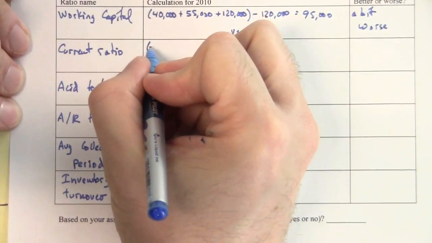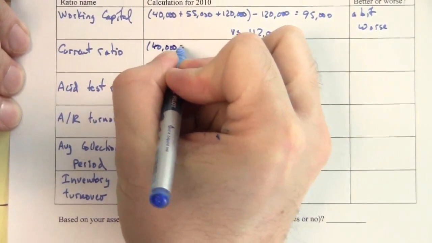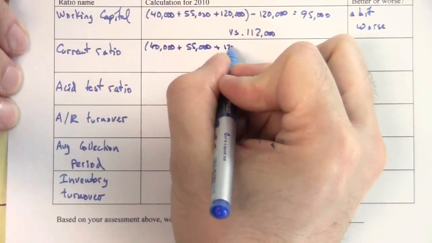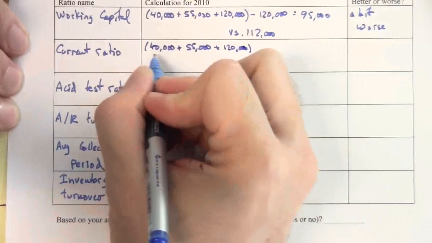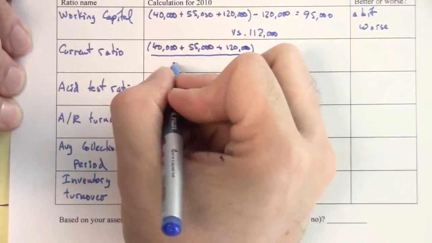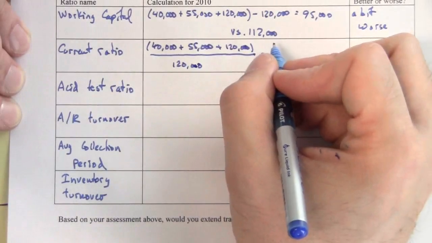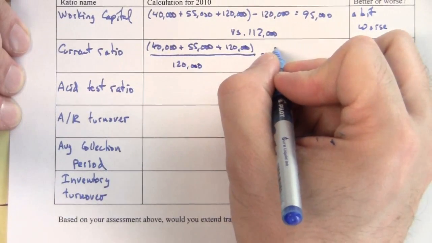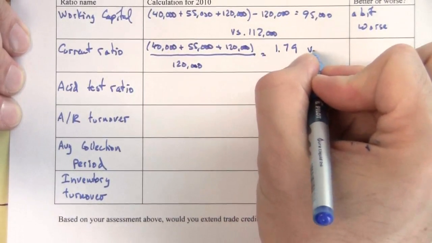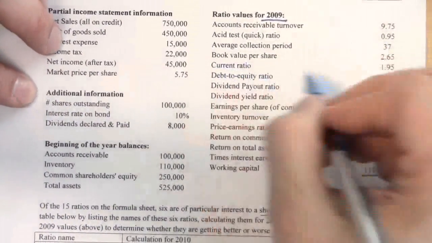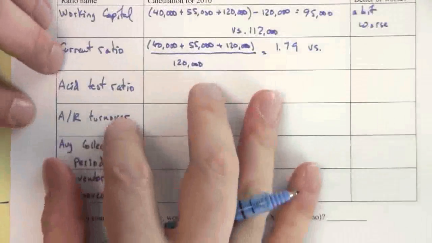Next, current ratio. Current assets divided by current liabilities. So again, cash plus accounts receivable plus inventory divided by accounts payable in this case. And that gives us a current ratio of 1.79, which when we compare with last year, which is up here somewhere, current ratio 1.95.